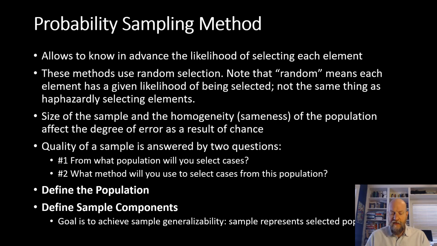The size of the sample and the homogeneity or the sameness of the population on a certain characteristic affects the degree of error as a result of chance. So the larger the sample is, the more confidence we have that the sample is representative. Now let's stop and think about that logically for a minute.